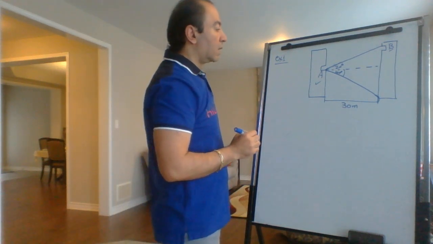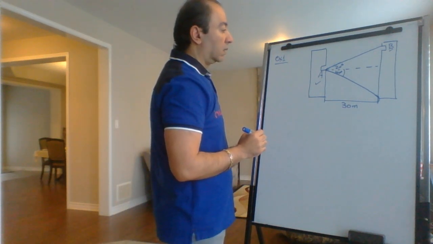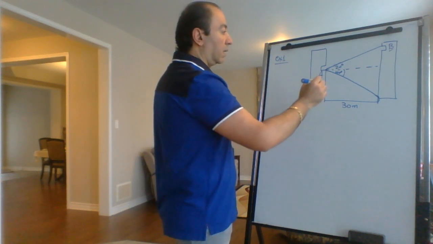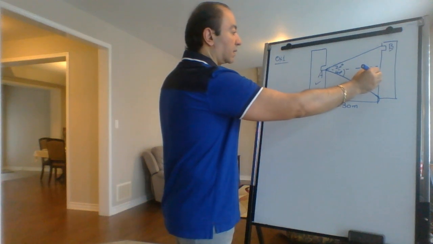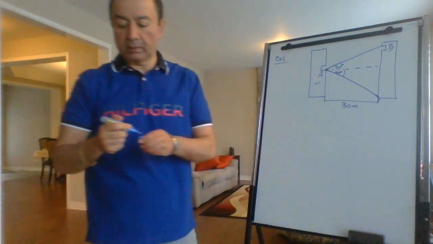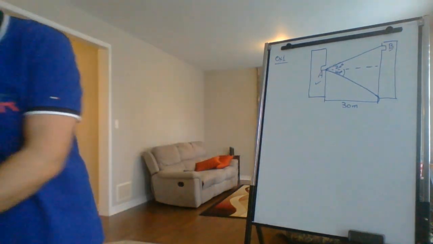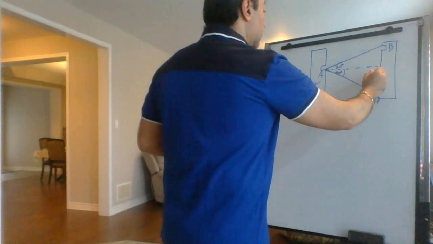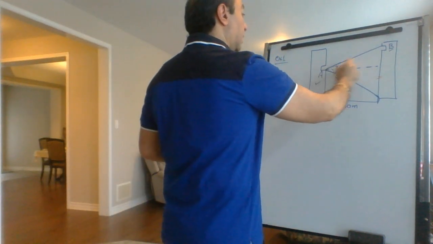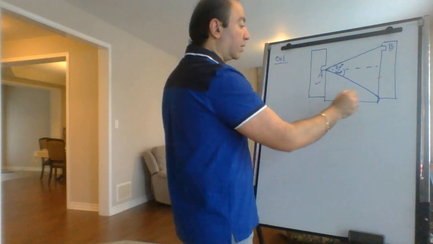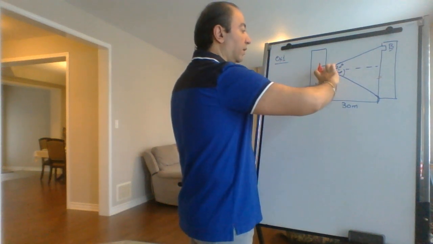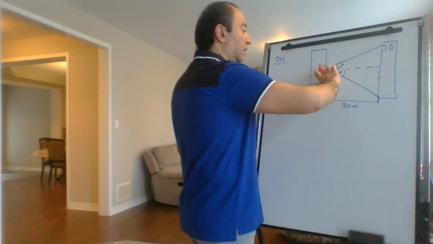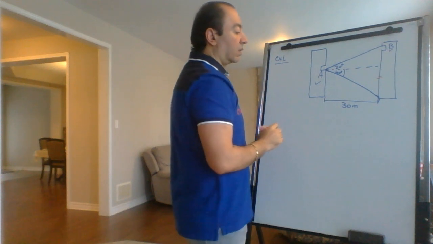Okay? So if I get this length from here to here, this length is how high balcony A is, because those are two parallel lines, so if I get this, I can tell what that is.